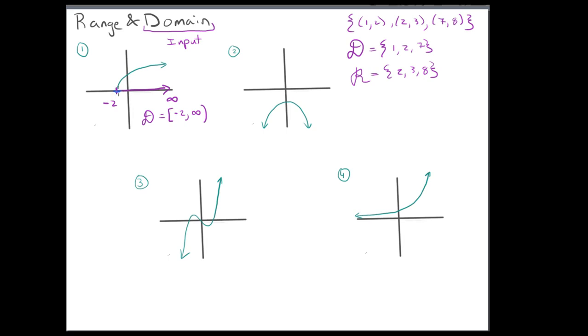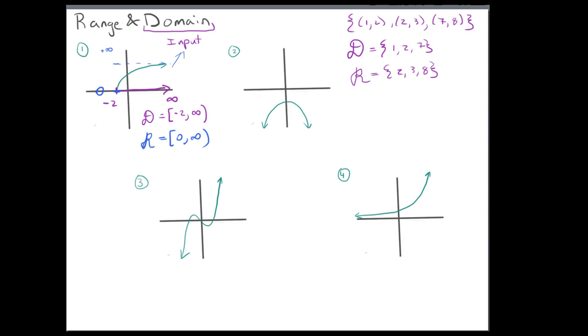Well, my range starts here at 0, and then it goes up to, I don't think this is supposed to be a horizontal asymptote. I think this is just going to keep increasing. So this is going to go up to, again, positive infinity. So this would be a range of 0 to infinity.